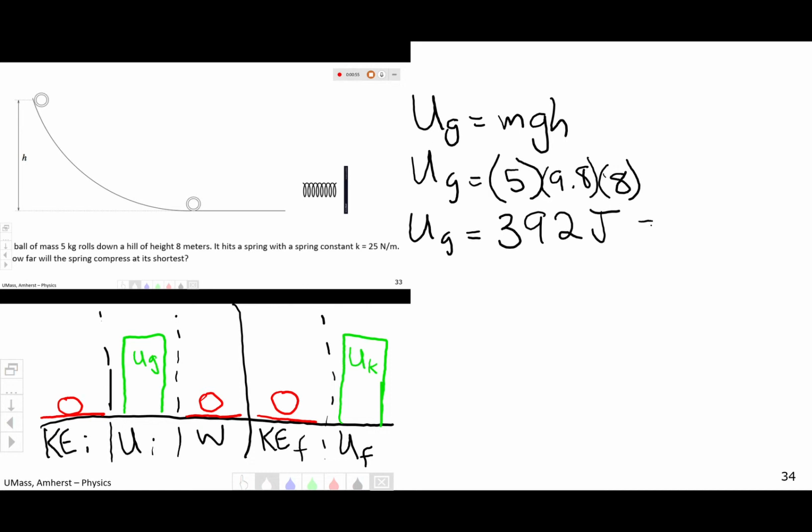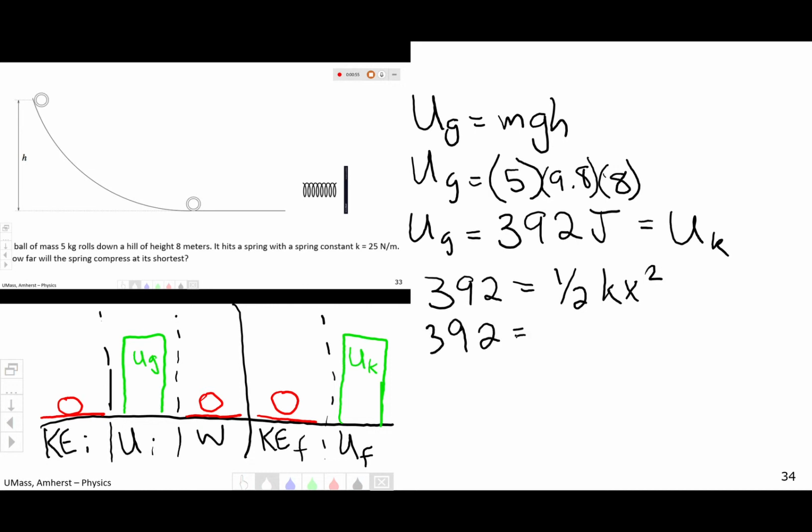We know that that has to equal the spring potential energy. So 392 equals 1/2 kx squared. So 392 equals 1/2 times k, which is 25, times x squared.